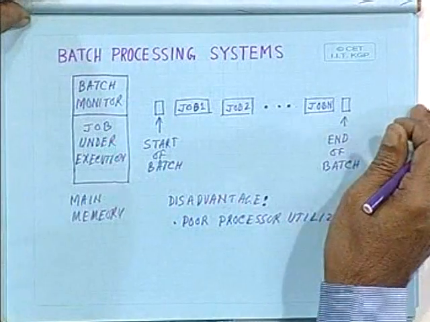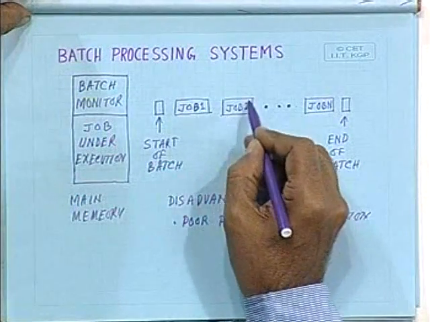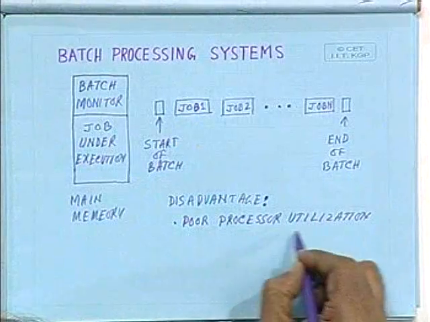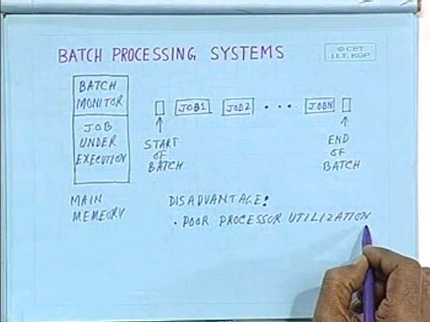So when the slow IO operations are going on, the CPU remains idle. Moreover, when the execution of one job is over, the execution of another job can be started only after loading it through the punch card machine into the main memory. So lots of time is wasted, and the precious CPU time is wasted. That's why it has poor processor utilization.